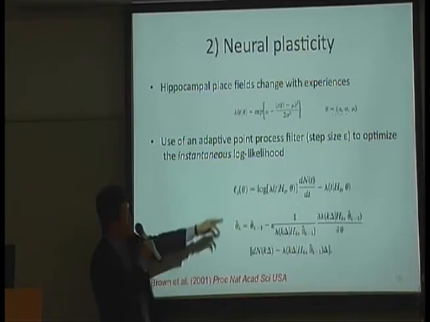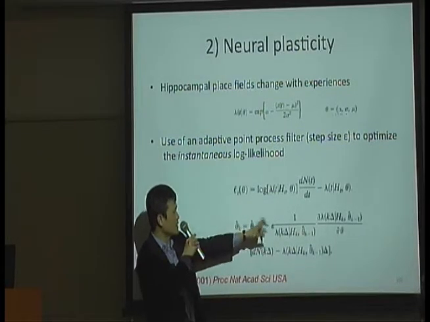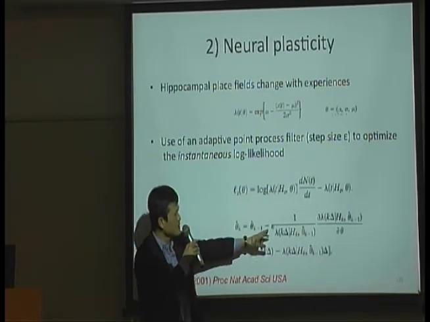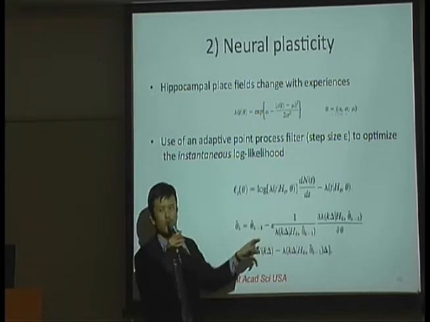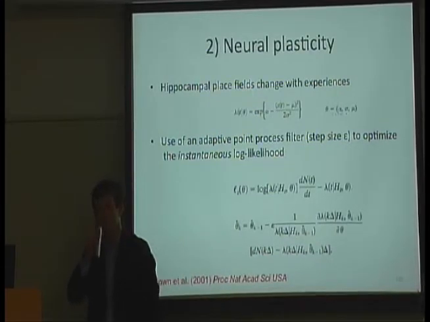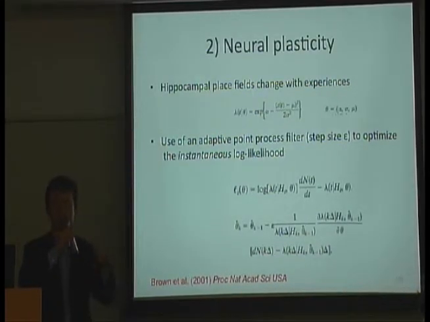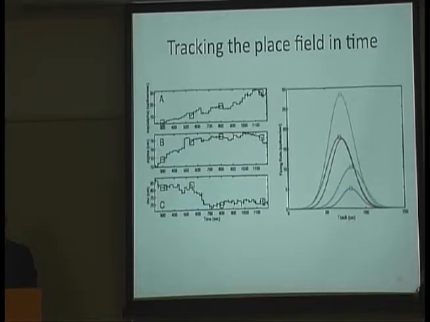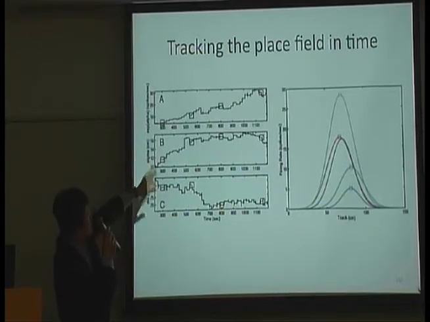Then you just write down a likelihood. Because you want to do an adaptive filter, the likelihood will be instantaneous likelihood. You're only using the single point observation rather than accumulated observation. So you write down the likelihood, take the derivative of the likelihood with respect to theta, and then update it with gradient ascent, using a small step size, gradually increasing the likelihood. The idea is very simple, nothing complicated. Then you can see the result in this simulation.